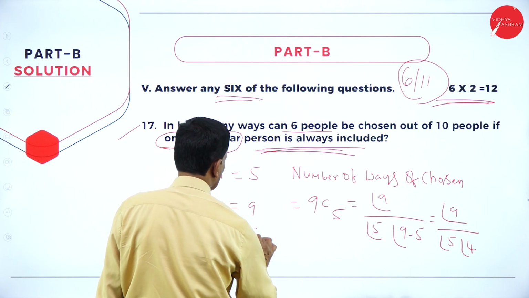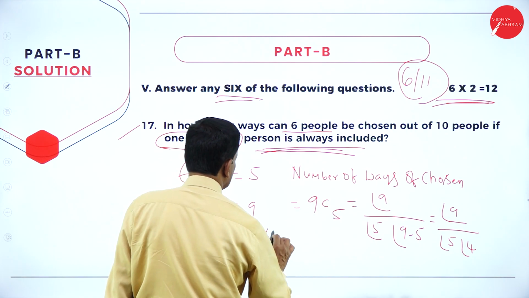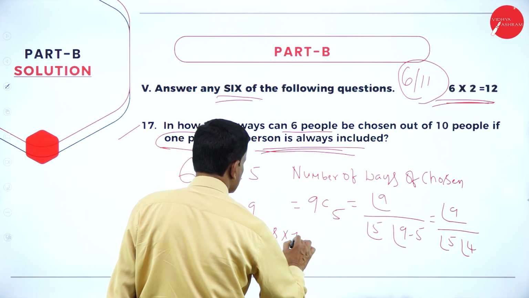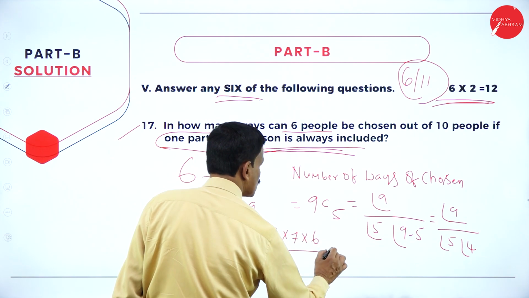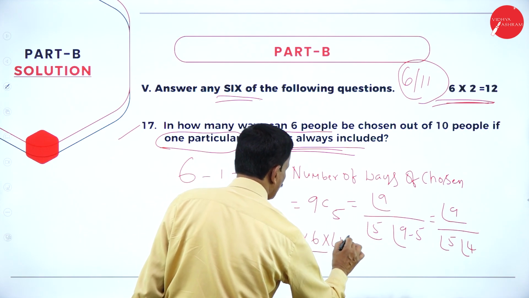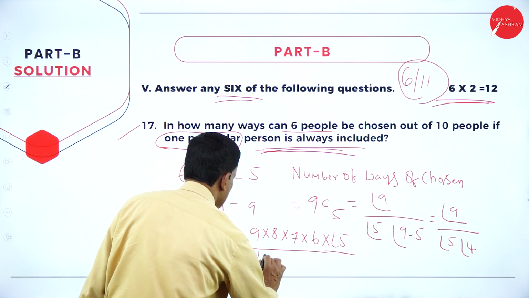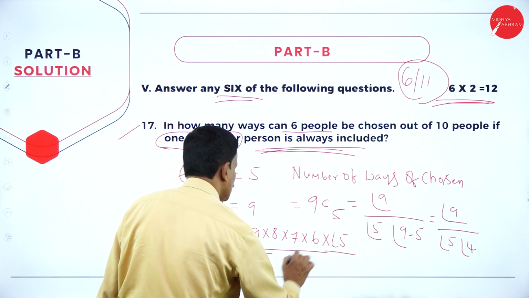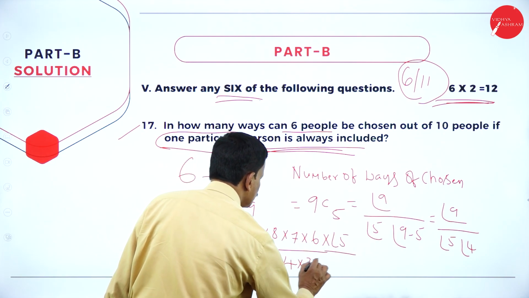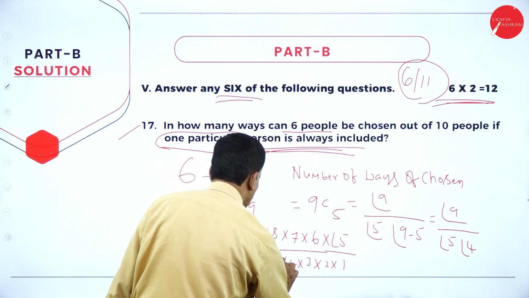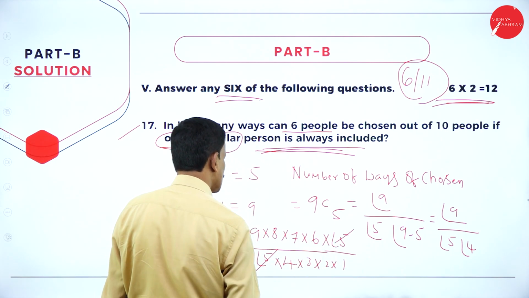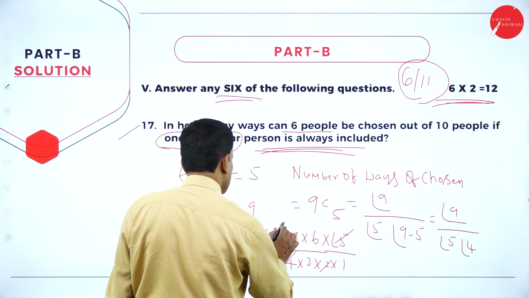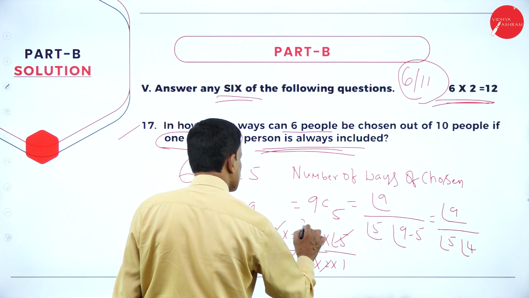So 9 factorial means 9 into 8 into 7 into 6 into 5 factorial, divided by 5 factorial as it is, and the remaining 4 into 3 into 2 into 1. So 5 factorial gets cancelled, 4 2s are 8 gets cancelled, 3 2s are 6 gets cancelled.